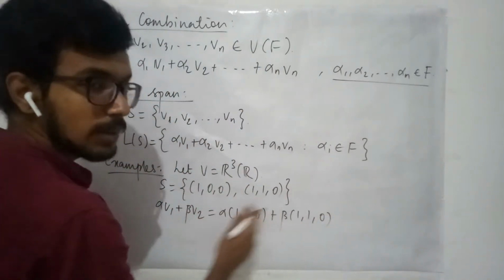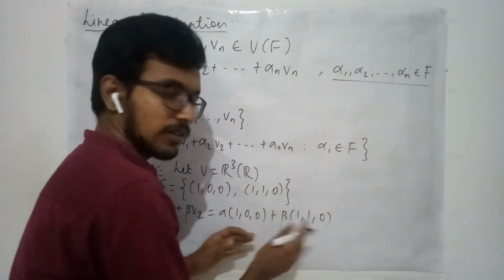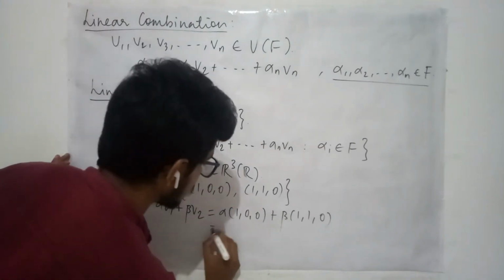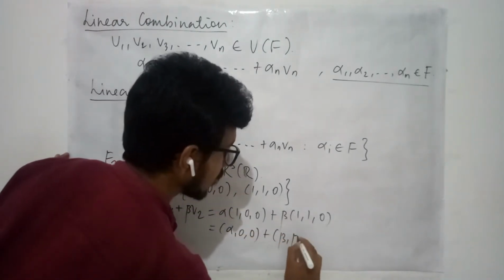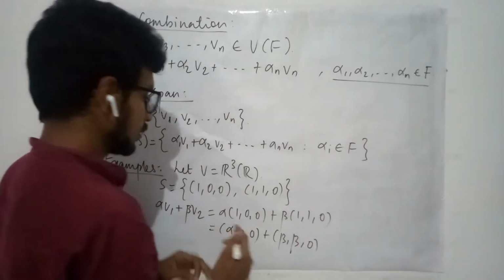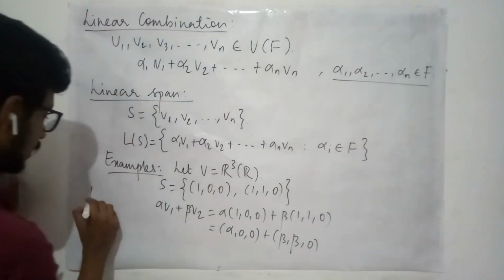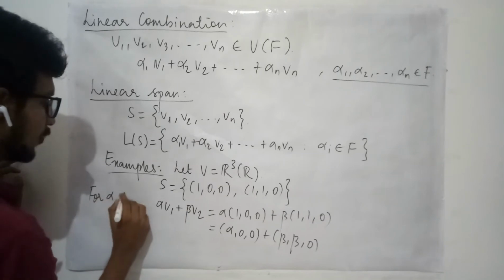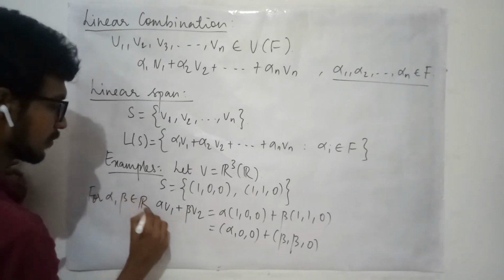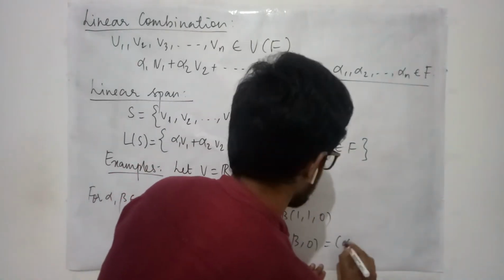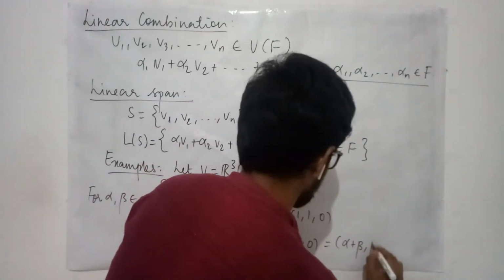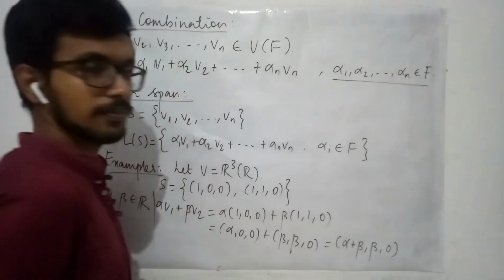First perform scalar multiplication, and you will get (alpha, 0, 0) plus (beta, beta, 0). Here you have to note that alpha and beta are from the reals. When you add these, you will get (alpha plus beta, beta, 0).